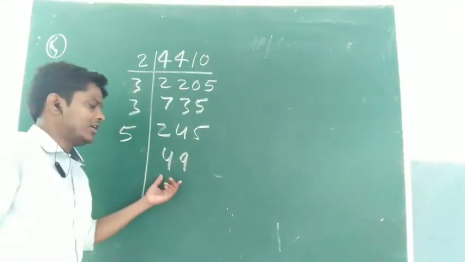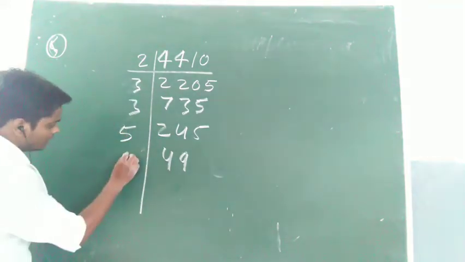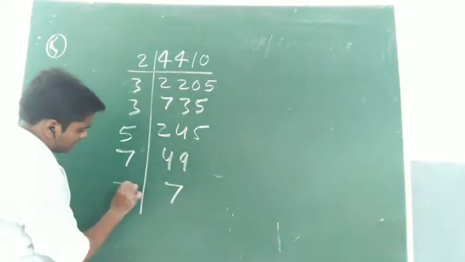Now 5 will not divide 49, so we move to the next prime number, that is 7. 7 times 7 is 49, then 1.